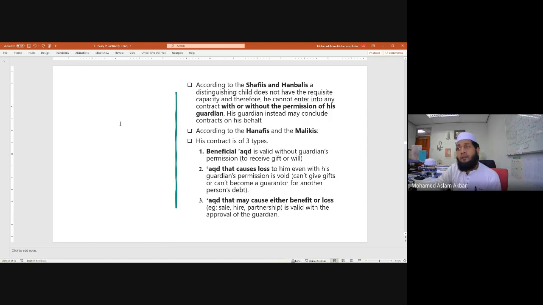But according to Hanafi and Maliki, there are three contracts, for example sale, hire and partnership, where he actually can do the trading, but he needs approval from the guardian. The guardian has to say, okay, you can do this business. He can do it by himself, but the guardian gives the permission.